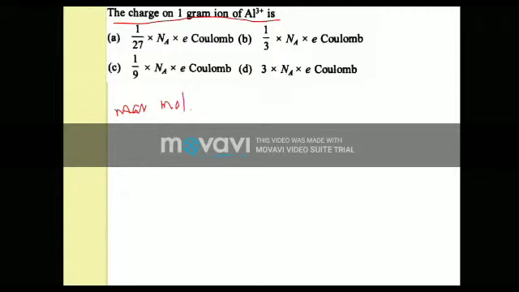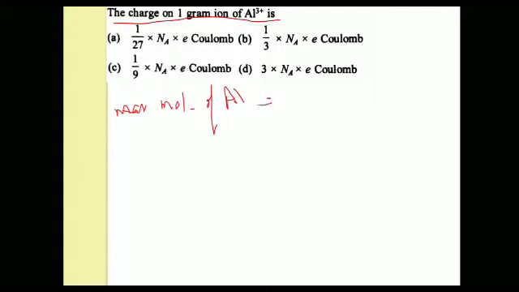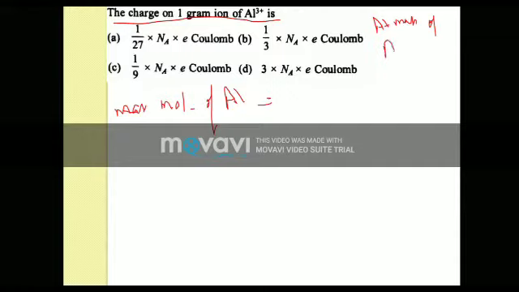How many moles of aluminum are present? What is the atomic mass of aluminum? First of all, you should know the atomic mass of aluminum. The atomic mass of aluminum is equal to 27.